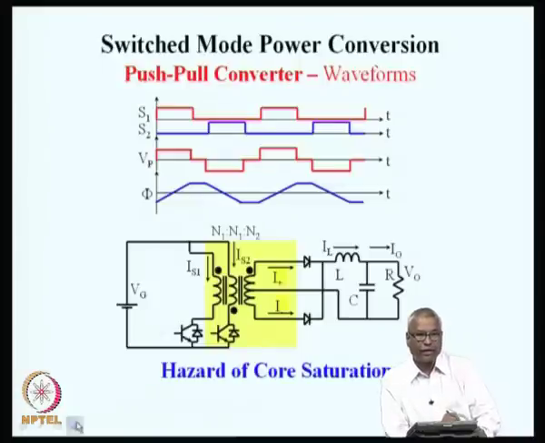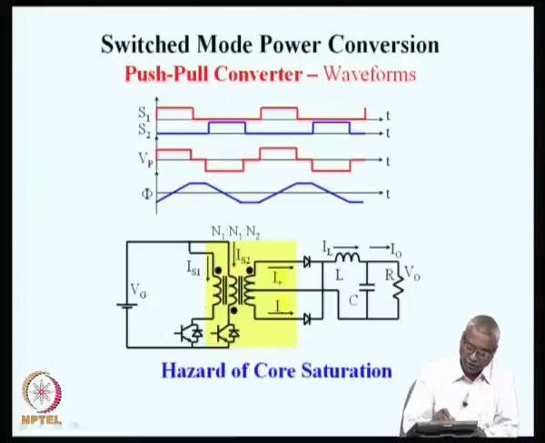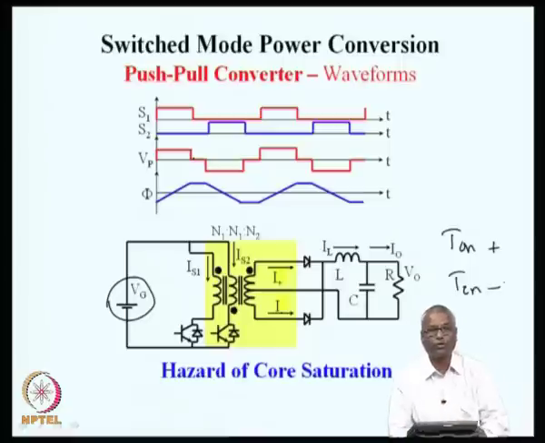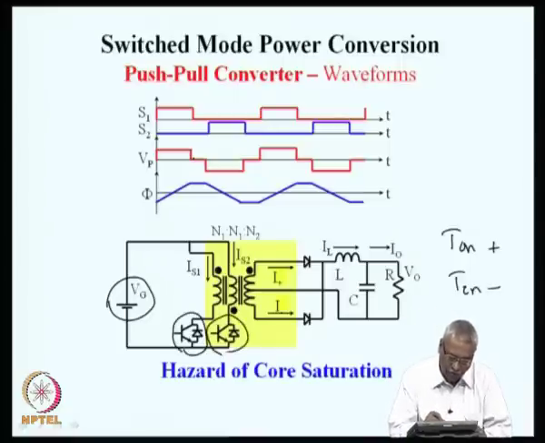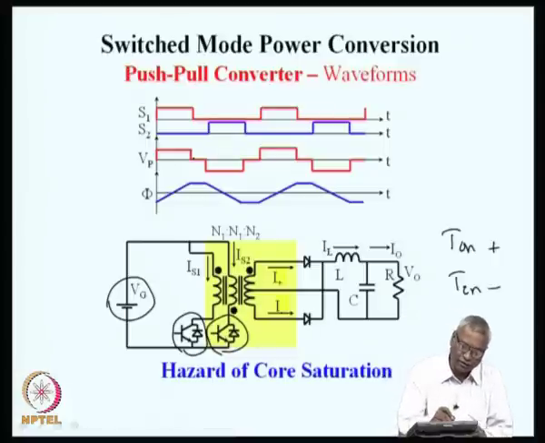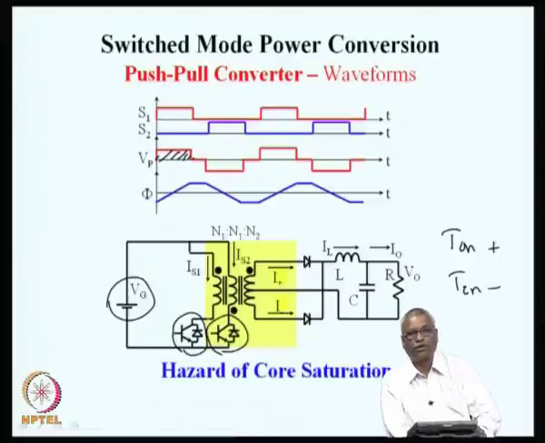But there is one catch here. Supposing the voltage is perfect and the durations of T on positive and T on negative are also perfectly equal, but if the switch drops VT1 and VT2 are not equal, then we will see that there is a net DC voltage applied to the winding of the transformer, and this transformer core can saturate.